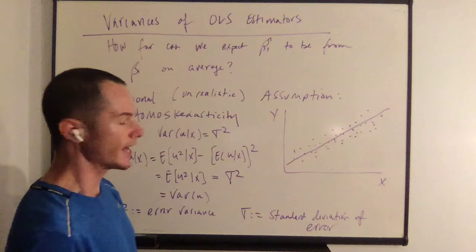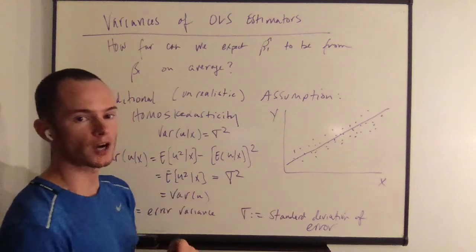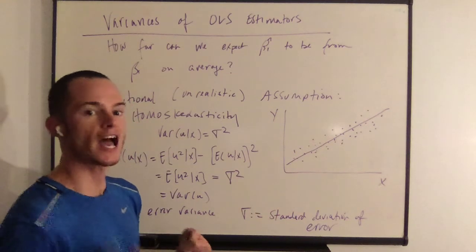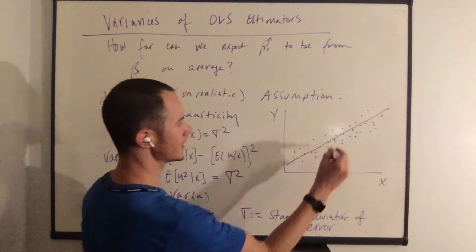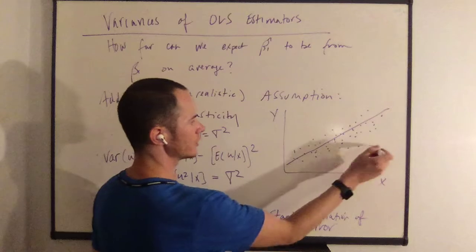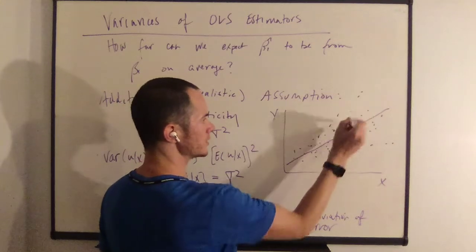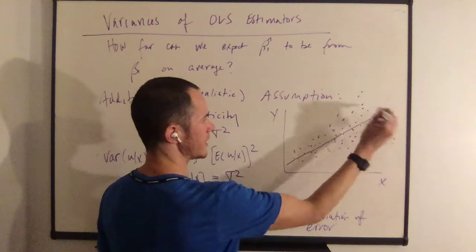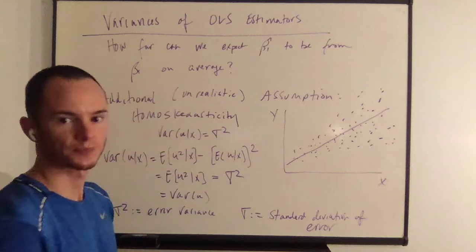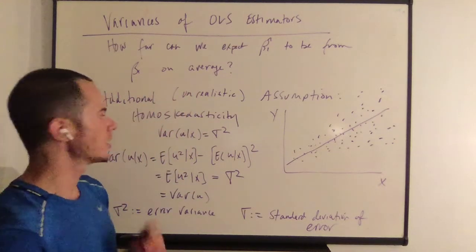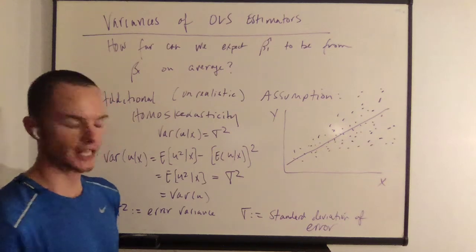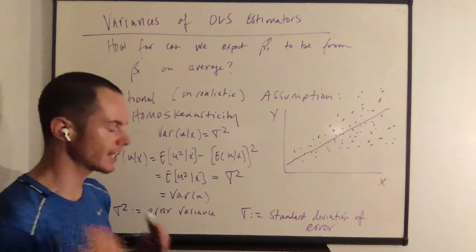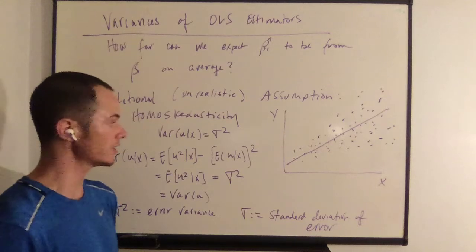The counterpart to homoscedasticity is heteroscedasticity, and that is the more likely case with economic data, and that might be where you have an increasing spread of data over the domain of x. So typically we're going to work with data that demonstrates heteroscedasticity, and we're going to use heteroscedastic robust standard errors.